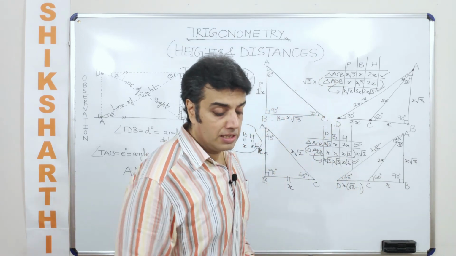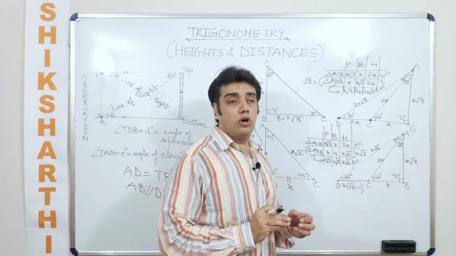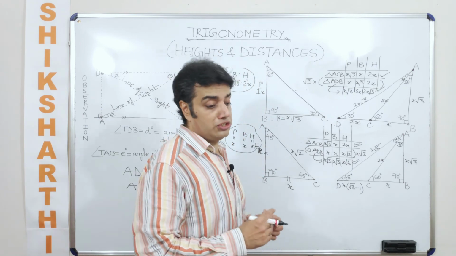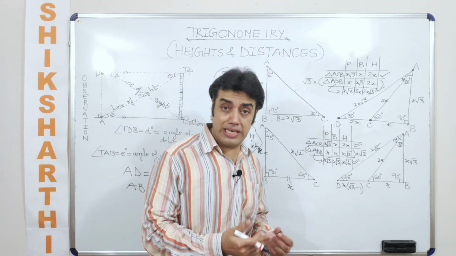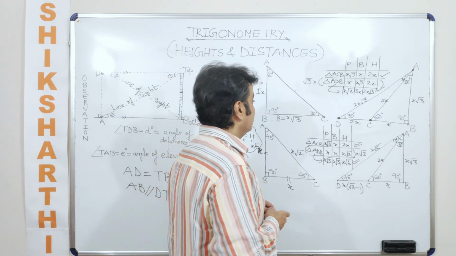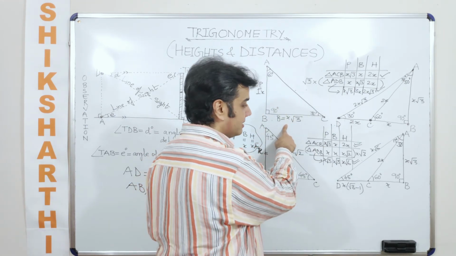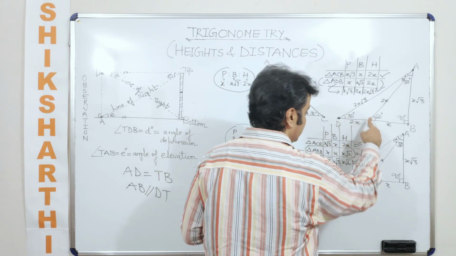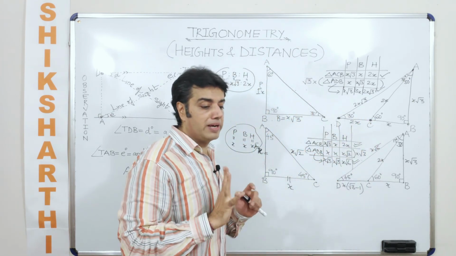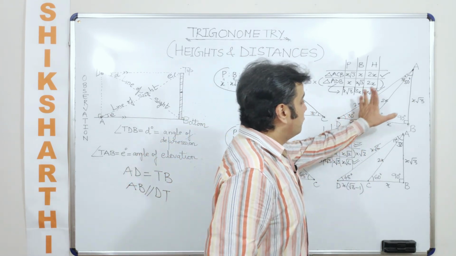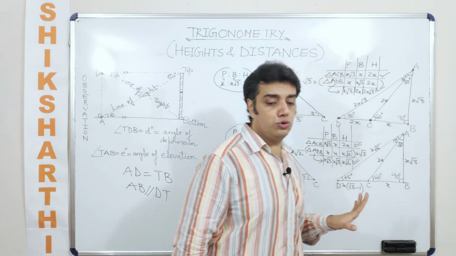So what have we done? We have understood all the concepts, all the types of questions that can be asked, starting off with a minimum of 3 different lengths they can talk about in one case, and in these two cases they can talk about 5 different lengths, all of which we have understood how to do.